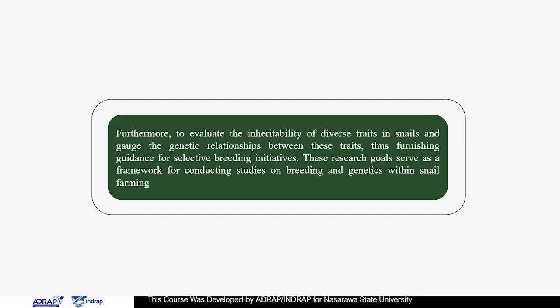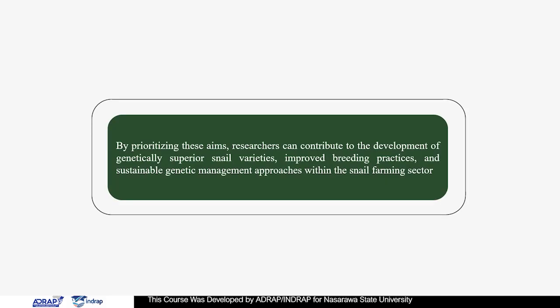These research goals serve as a framework for conducting studies on breeding and genetics within snail farming. By prioritizing these aims, researchers can contribute to the development of genetically superior snail varieties, improve breeding practices, and sustainable genetic management approaches within the snail farming sector.